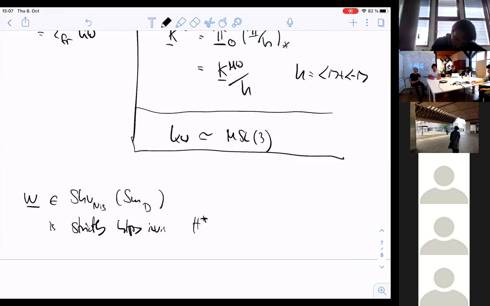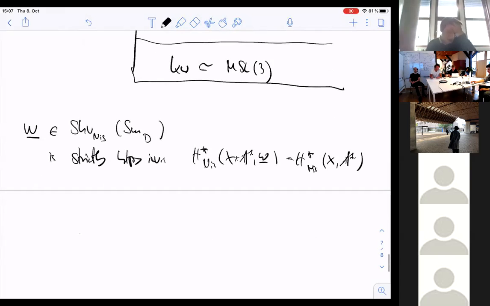The cohomology of X times A^1 with coefficients in W is the same thing as the cohomology of X. The way I get this is by relating it to the cohomology of whatever with coefficients in mod 2 Milnor K-theory, by which I mean HZ modulo 2 and tau.